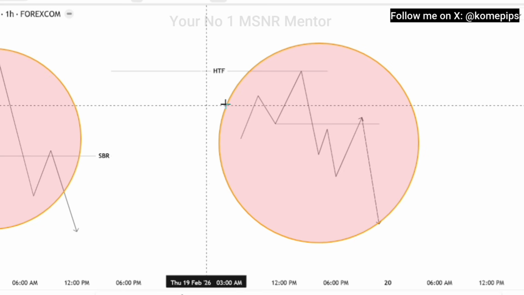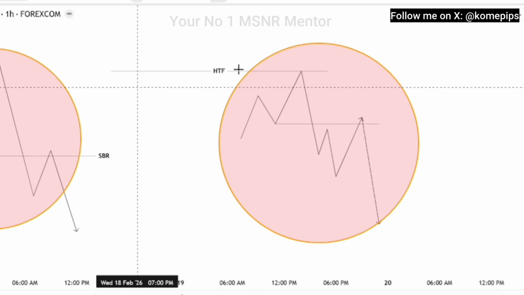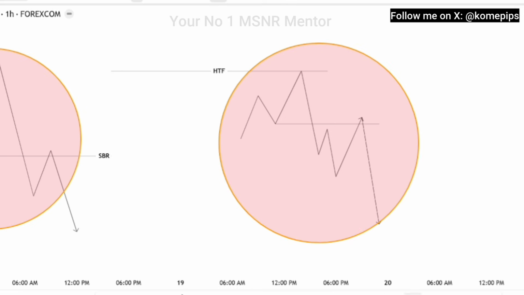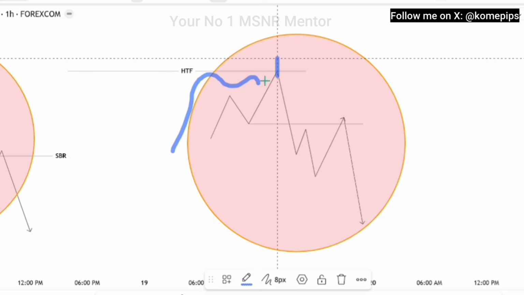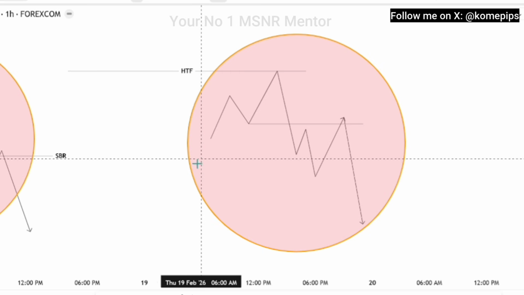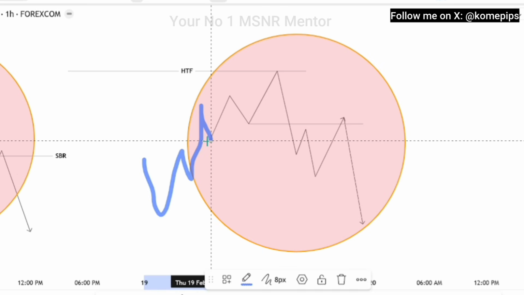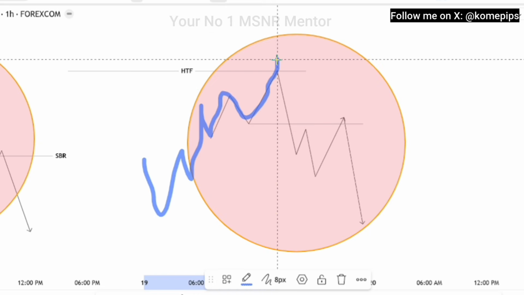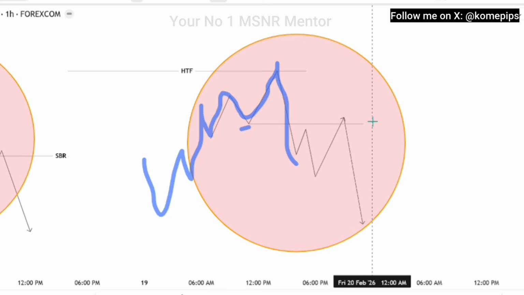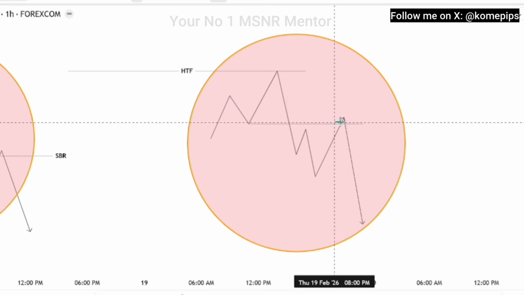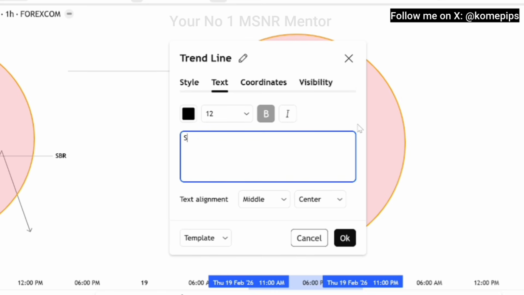However, if you have another tap on the higher time frame key level, like in this scenario, we have this as a higher time frame tap. Price pushes, taps the zone and breaks this low. So this level becomes our what? This level becomes our SBR.